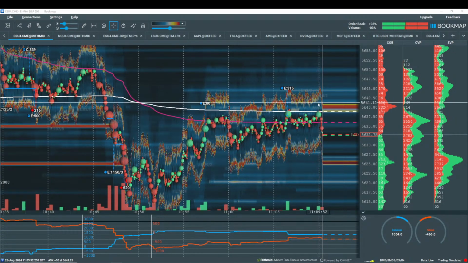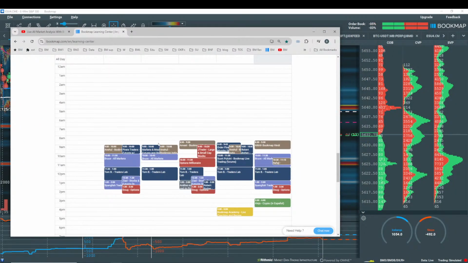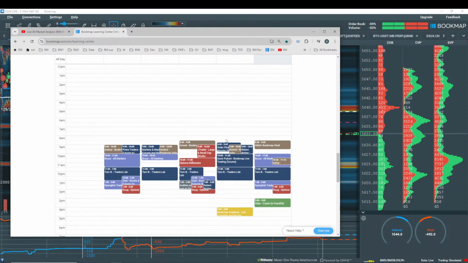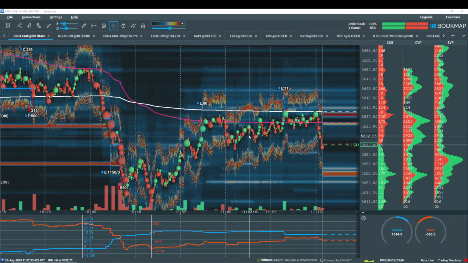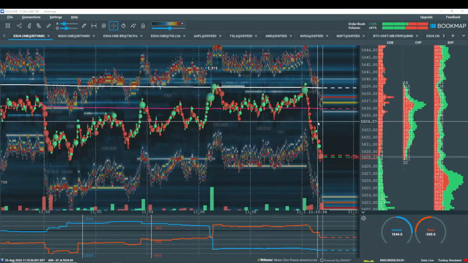We're going to go over many different styles, so it sets you up to understand maybe how JTrader is trading stocks, large caps, maybe how Scott Pulcini is trading off of stops and icebergs, maybe how Doug is trading off of options, and how Tom B is trading off of volume profile. Put those pieces together.